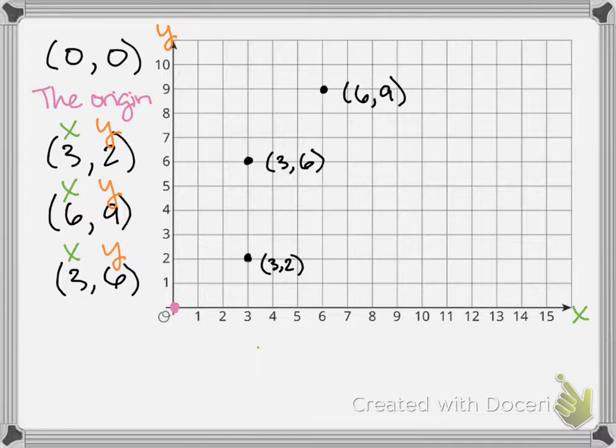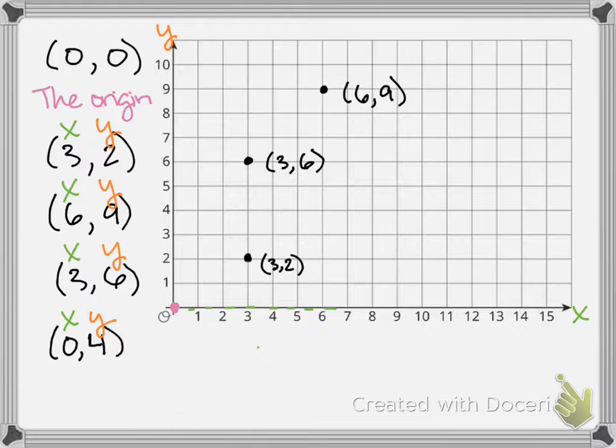Okay, let's talk about some special situations. Let's look at the point 0, 4. I'm going to label this point. My X is 0 and my Y is 4. Okay, so usually what I do is I look at my X number and I travel along the X-axis until I get to the number that is my X number.